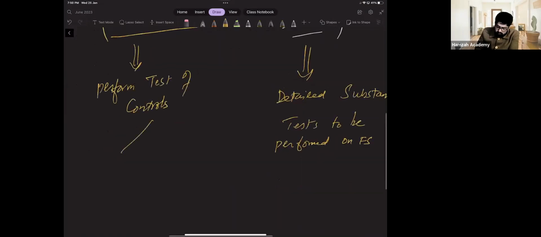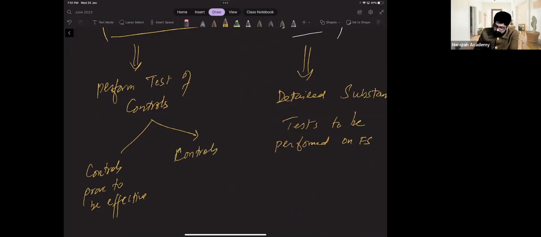Now, two possibilities are there: controls prove to be effective, or controls prove to be weak or ineffective.